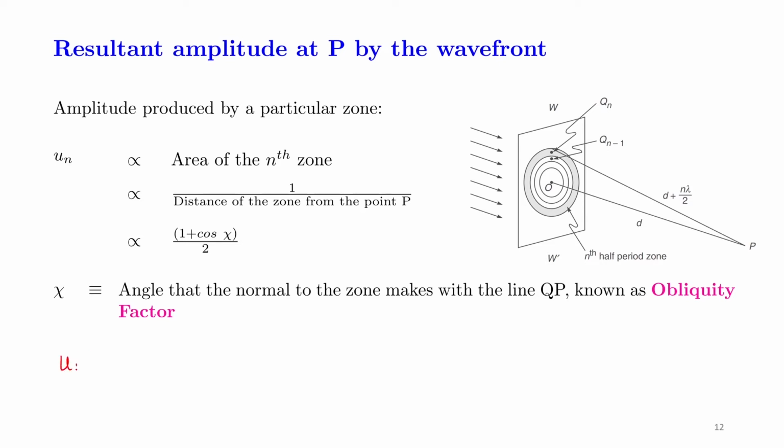Thus, we can write Un as equal to a constant times An over QnP times 1 plus cos chi divided by 2.